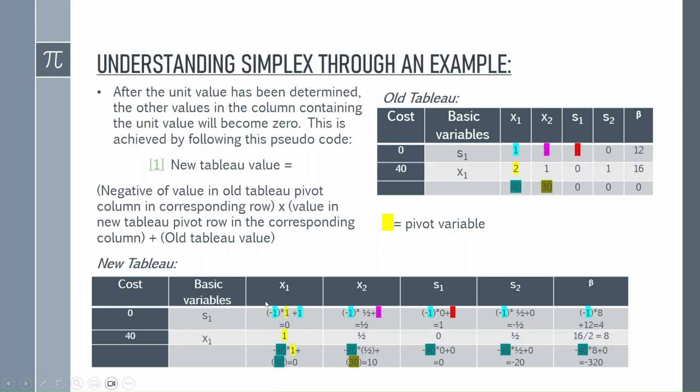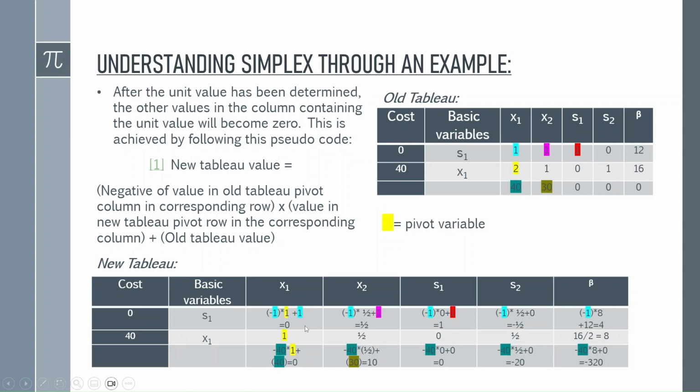The new table pivot row value in the first column is 1. So negative of 1 times 1, plus the old table value, that is 1. So this will be 0.